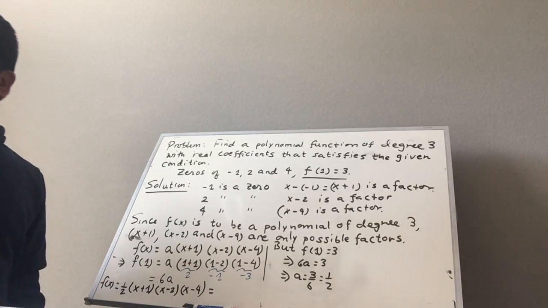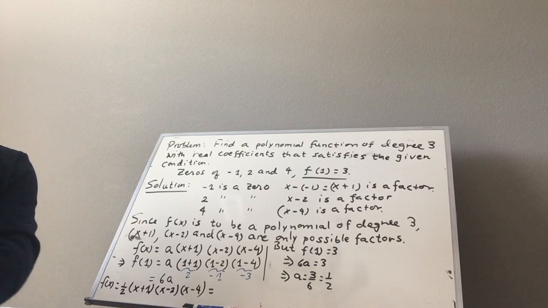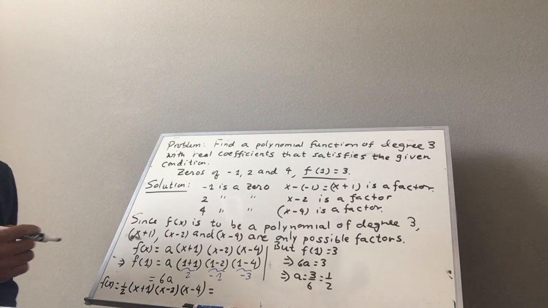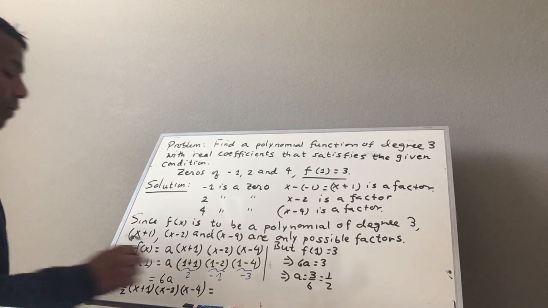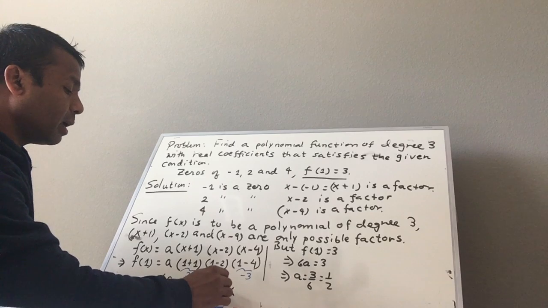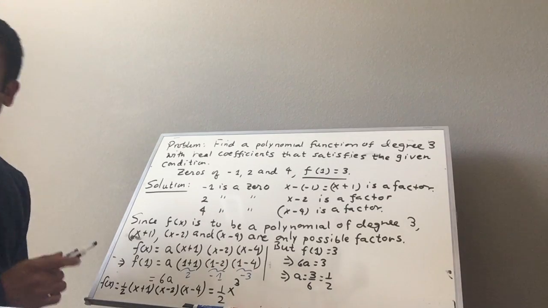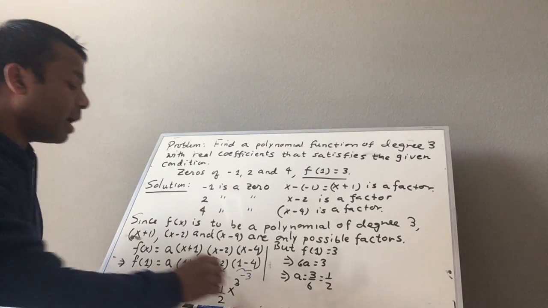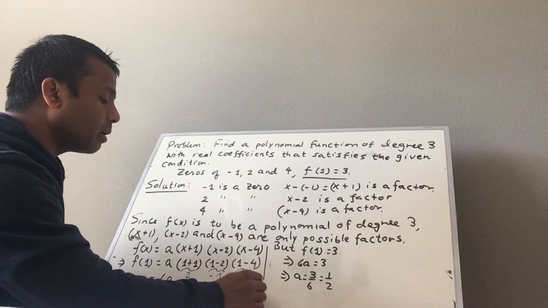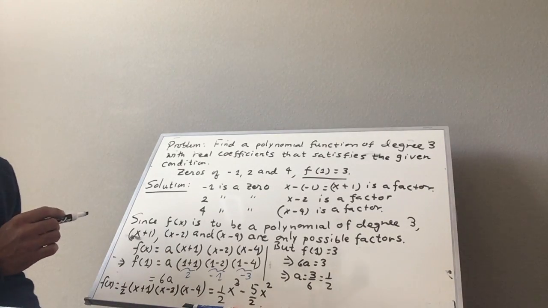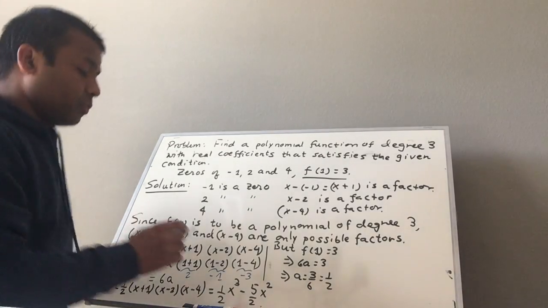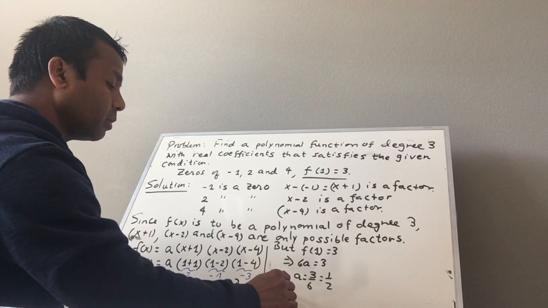then you will end up with 1/2 x to the power 3 minus 5/2 x squared plus x plus 4.